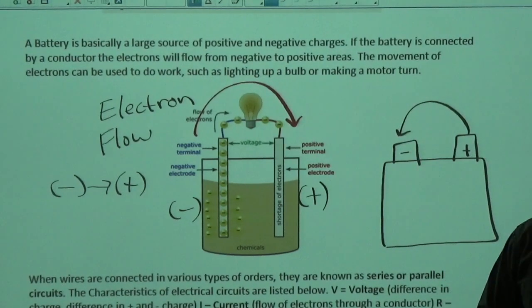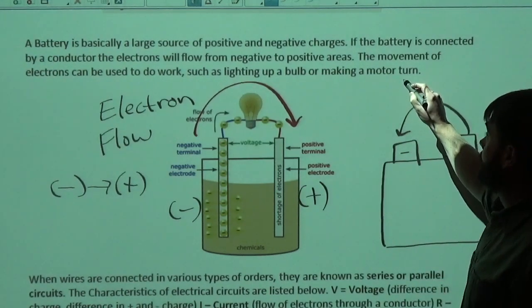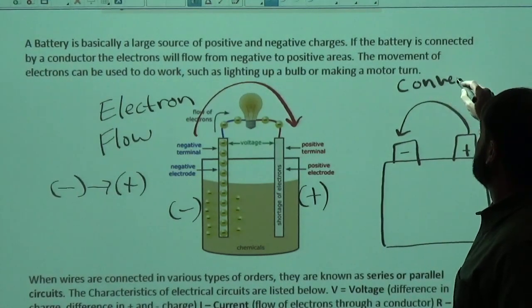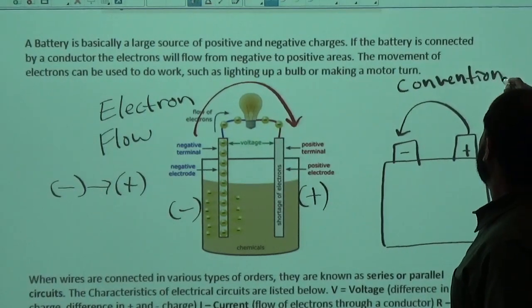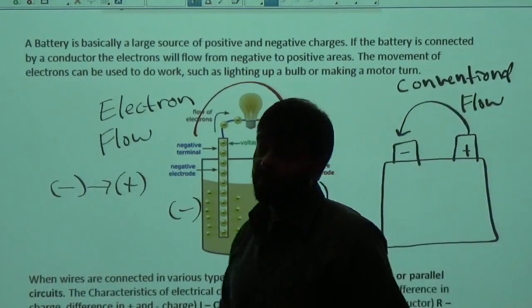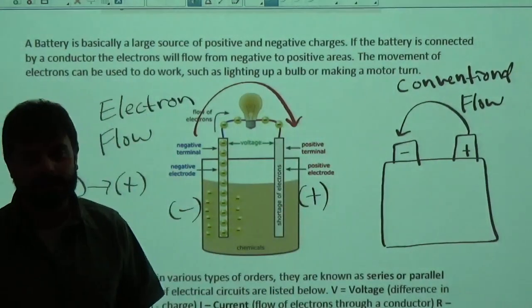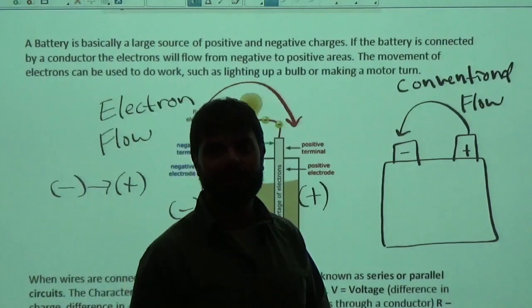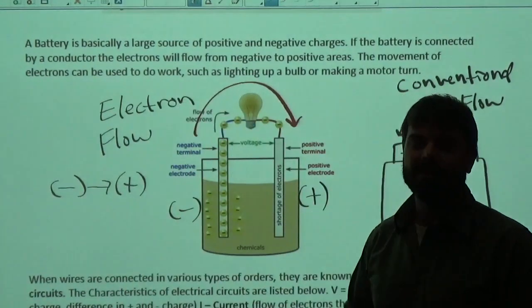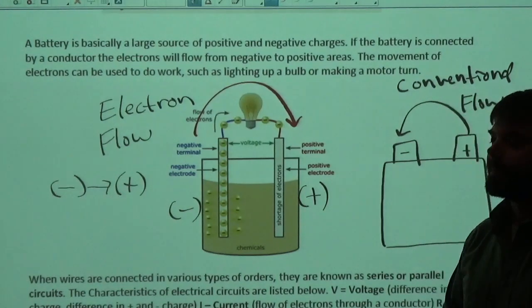They're going to say the current flows from positive to negative. They call this conventional flow, and a lot of models are set up that way to say that the conventional flow goes from positive to negative. Intuitively, it kind of makes sense. We seem to think of things going from positive to negative, plus to minus.